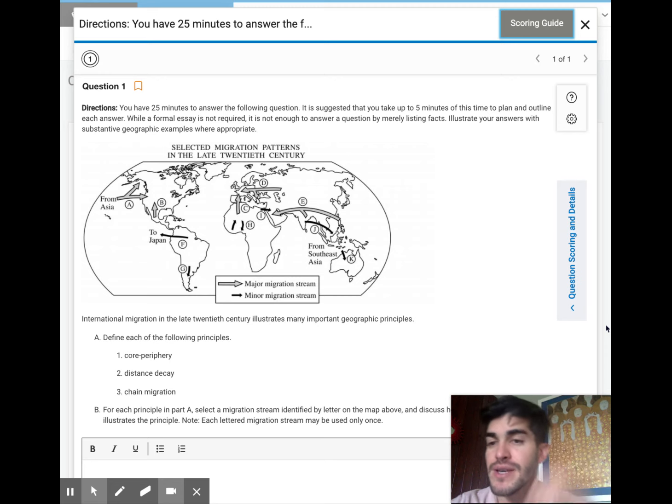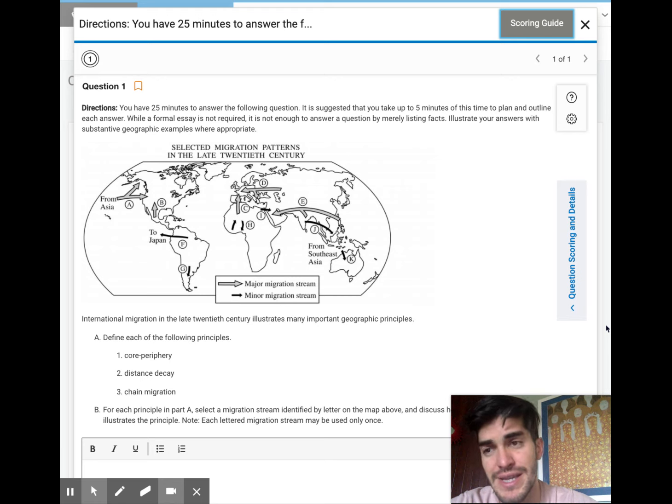Chain migration applies in this instance because for over 100 years, almost closer to 200 years, migrants from Asia have moved to the United States to serve as labor force. But more recently, they have come to the United States as part of an immigration program that changed in the 1960s, which allowed for family reunification.